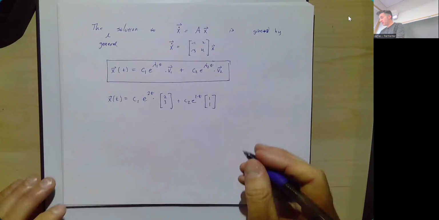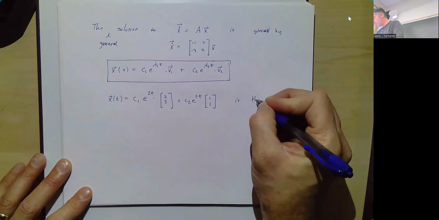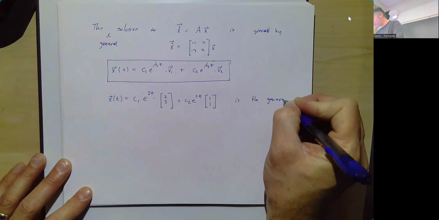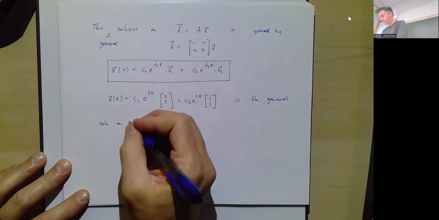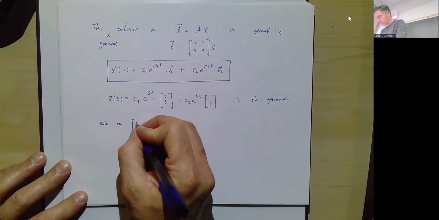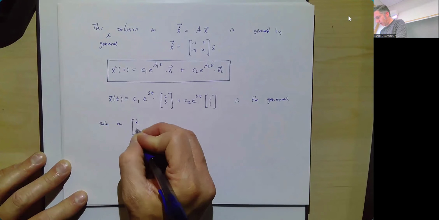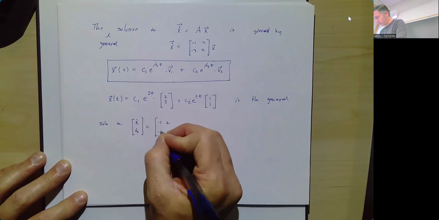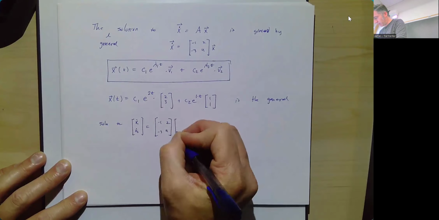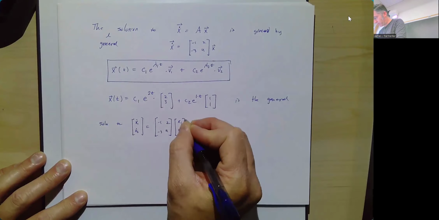And this is the general solution to x1 dot, x2 dot equal to the matrix -1, 2, -3, 4 times x1, x2.